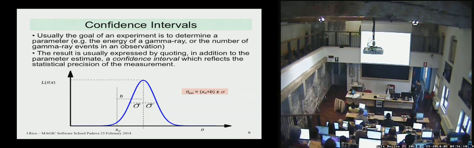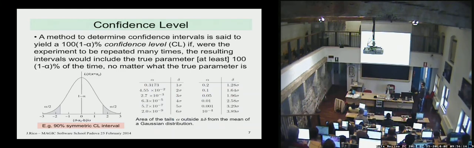Now, this confidence interval would have a confidence level associated to it. A method to determine confidence intervals is said to have a confidence level given by this expression. This is just to convert a probability alpha into a percentage.